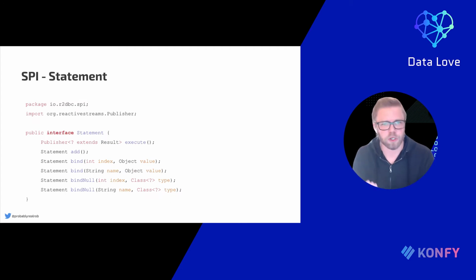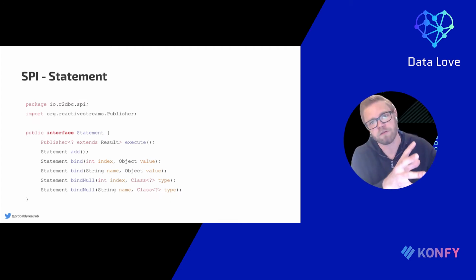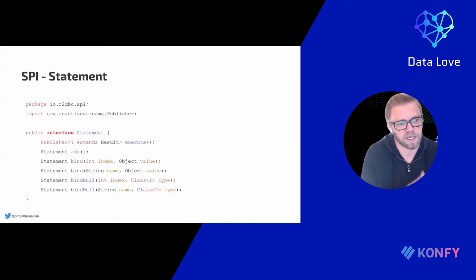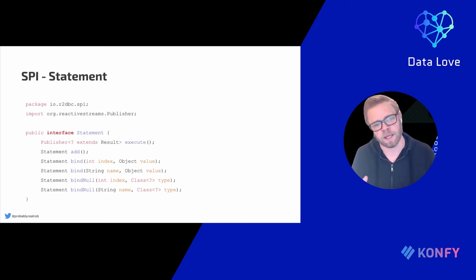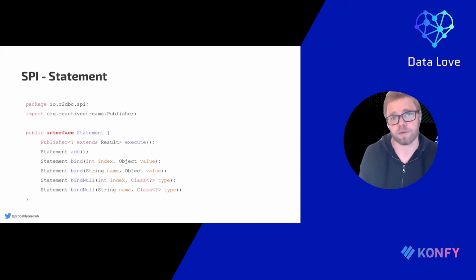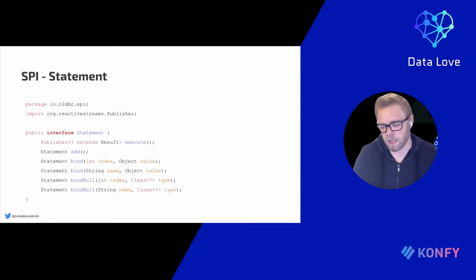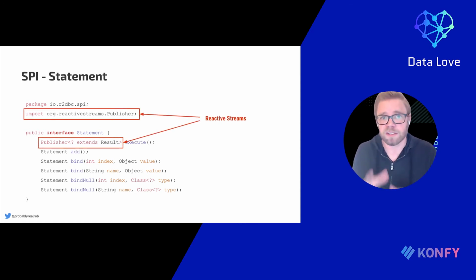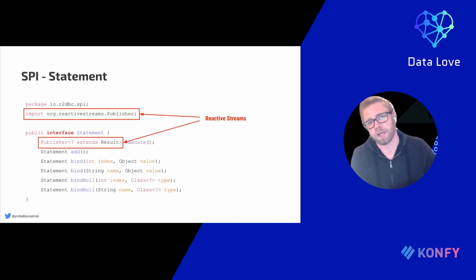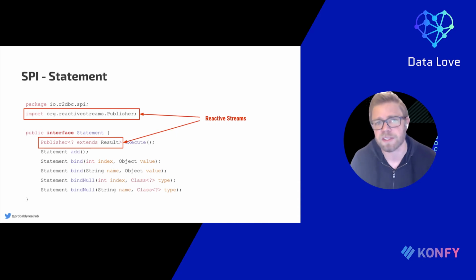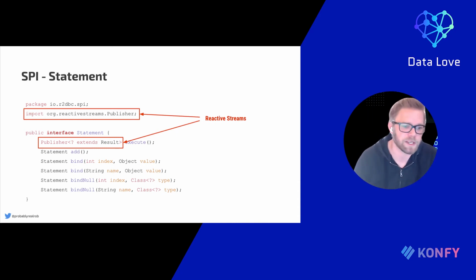And then as you start to drill down, you've had your connection factory, which produced a connection. We looked at connection with the idea that you're able to get a statement object derived from the statement interface so that you can execute a SQL statement. So you're able to execute SQL exactly how you'd do it inside of a driver like JDBC or any other driver that handles SQL against a relational database.